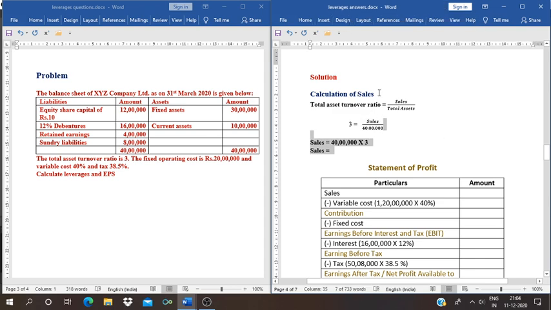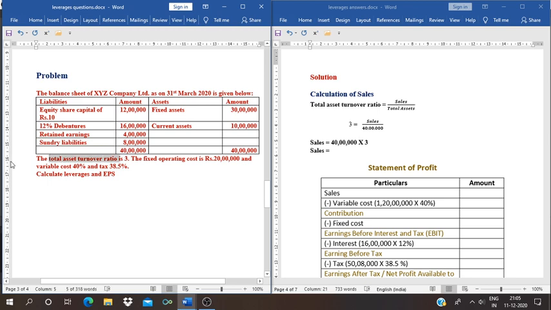First, we are going to calculate the sales. For calculating the sales, there is a formula. Here, total asset turnover ratio is given as 3. With the help of this, we can calculate the sales. Turnover means sales. The formula for the total assets turnover ratio is sales divided by total assets.